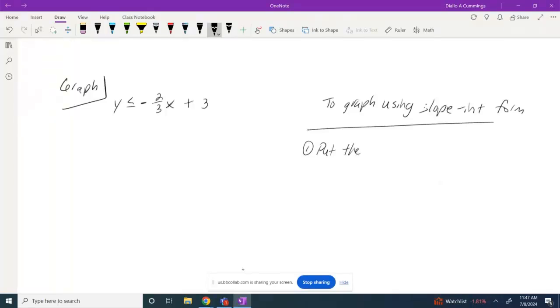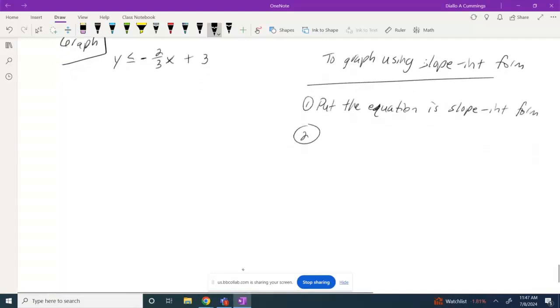So first thing we do is put the equation in slope-intercept form. The second thing we do, and I'm actually going to make a rough sketch.